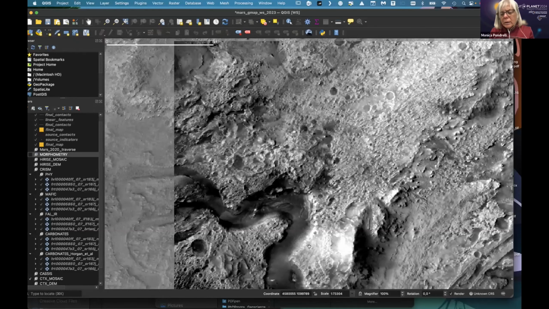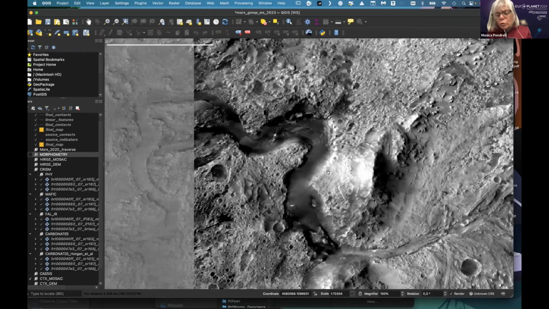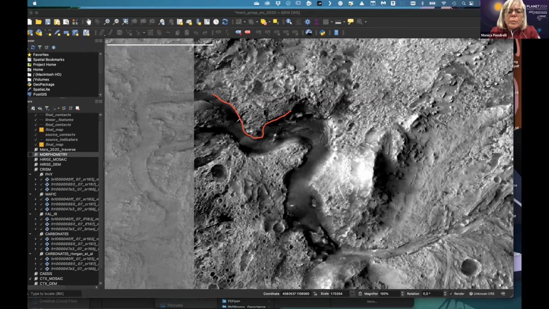Also, okay, I was about to say also using HiRISE. You don't have HiRISE here. Then this is unit B. One thing that you should map is, okay, unit B, but also this boundary here. What does it mean? Of course, this is the boundary of unit B, but it is also the fluvial incision.